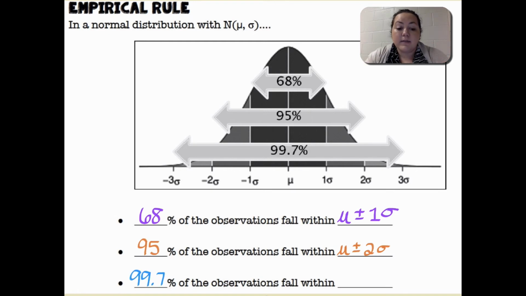And 99.7% of the observations fall within three standard deviations of the mean, so the mean plus or minus three standard deviations.